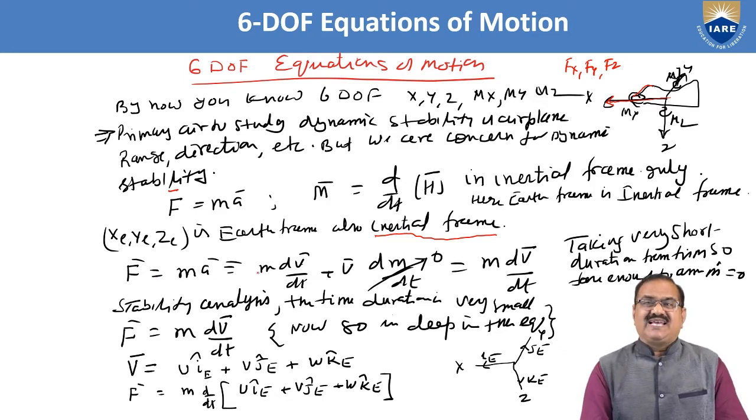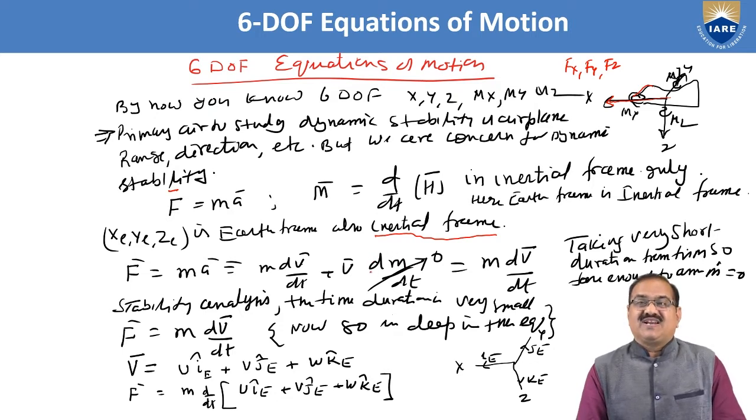This a we can write as d by dt of m v. So here m dv by dt plus v dm by dt. Because we have assumed that the aircraft is rigid and the mass is not varying, the aircraft mass will remain the same. So this dm by dt will be 0. So the force is equal to m dv by dt, taking a very short duration of the aircraft.